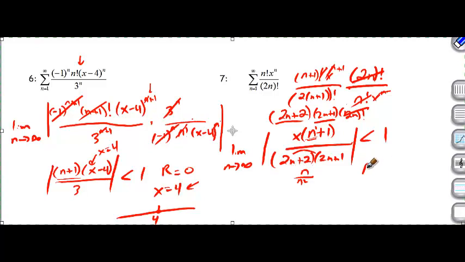So in this case, the radius is going to be infinity, and our interval of convergence is going to go from negative infinity to infinity, or all real numbers. So this has an infinite radius. It doesn't matter what x is. This is going to converge for every single x. Now, thinking about that logically, we've got some x to the n power on top.